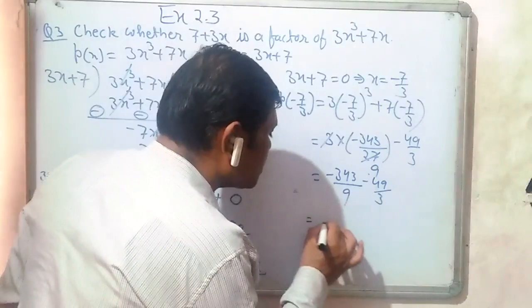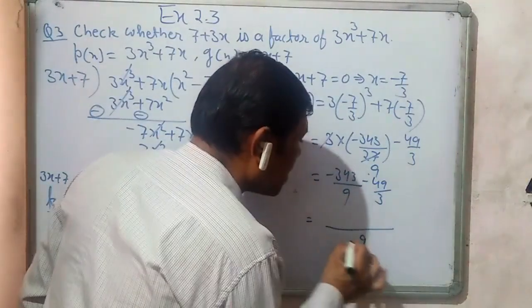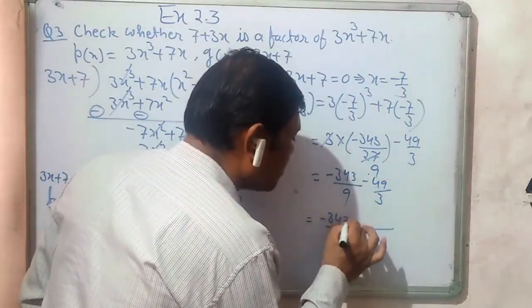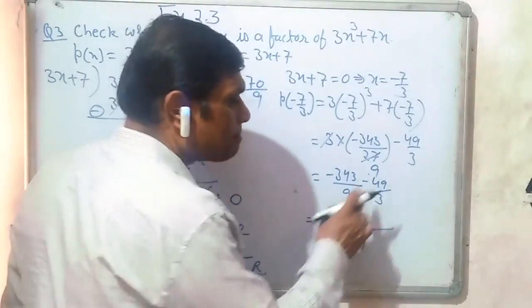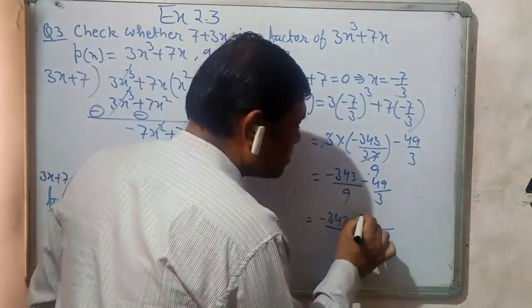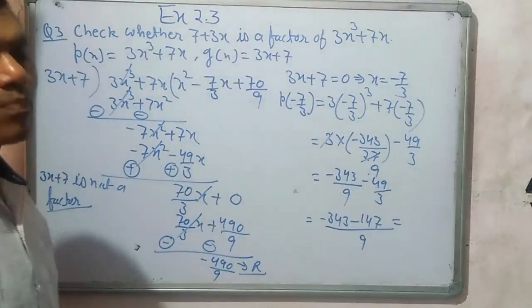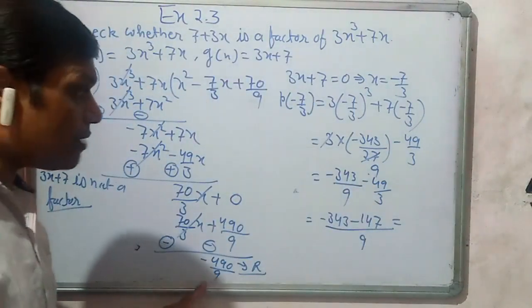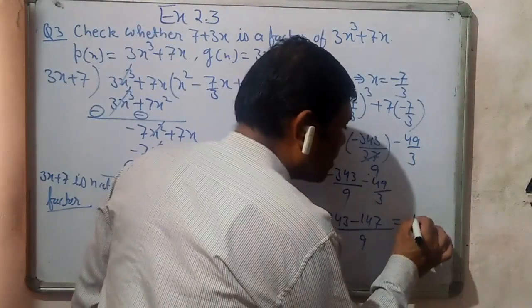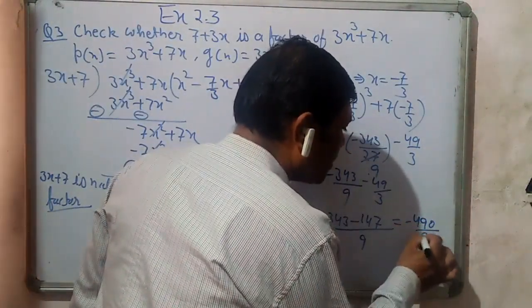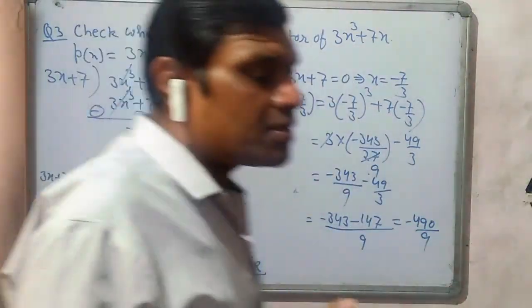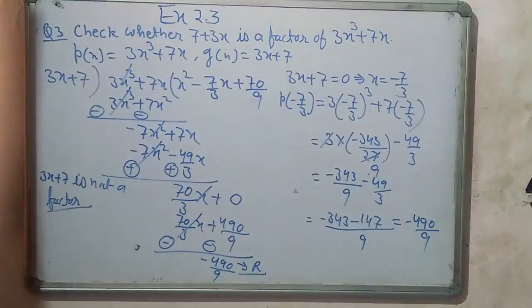So this gives us minus 343 minus 147 upon 9. The same, minus 490 upon 9. Since the remainder is not 0, it is not a factor.